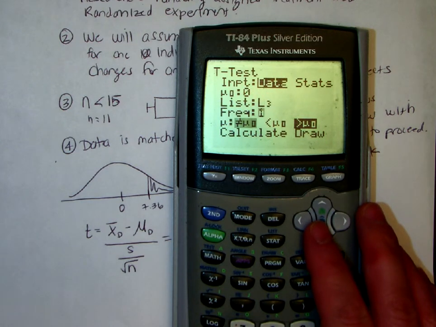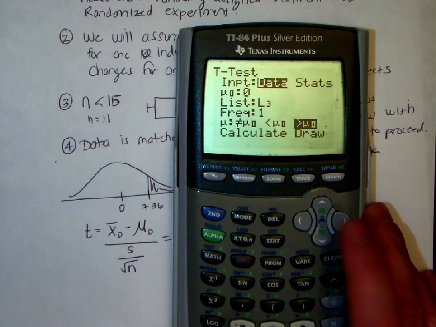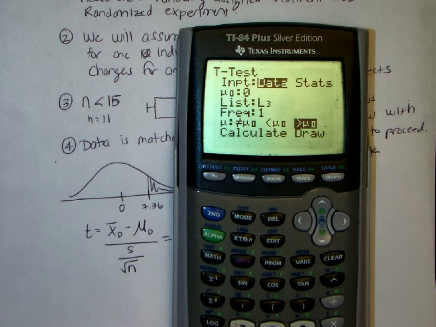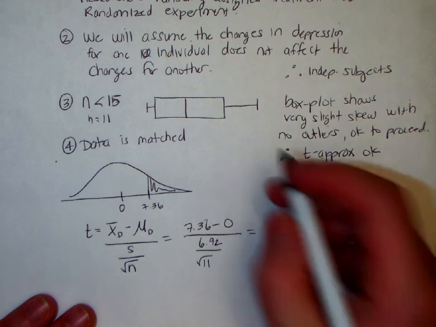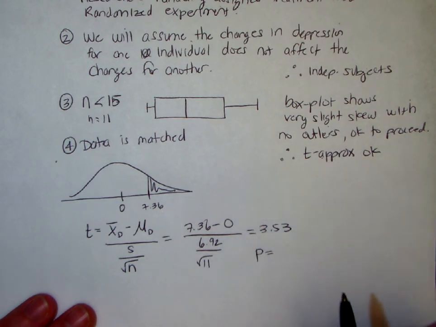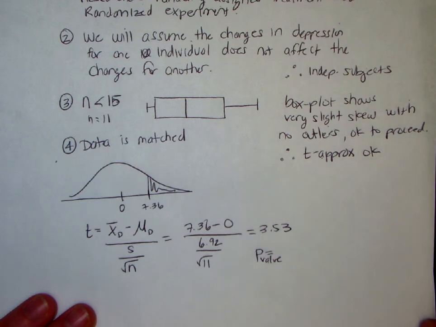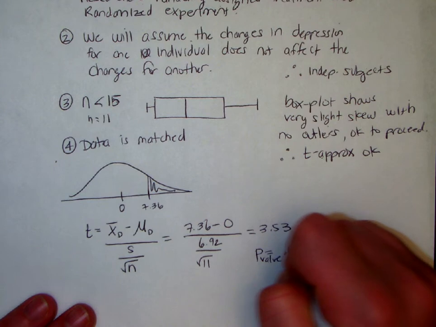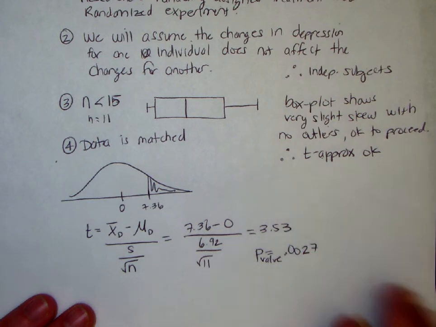And I am doing a greater than, so that's right here, greater, and I'm going to hit calculate. So T is equal to 3.53, and your p-value is equal to 0.0027, I guess we'll say.